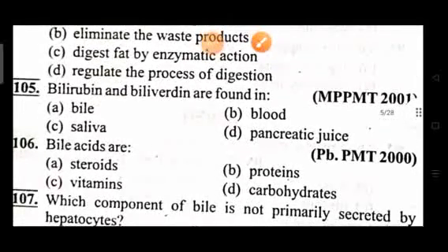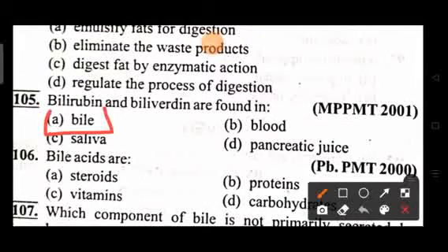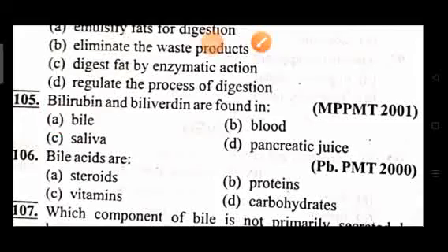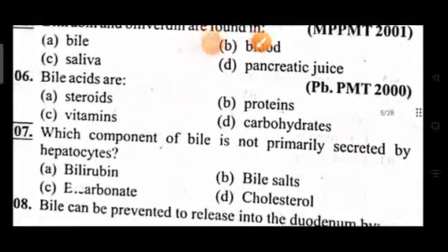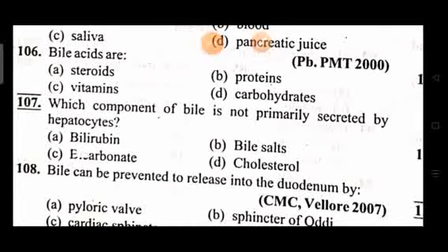Next, 105: bilirubin and biliverdin are found in bile, blood, saliva and pancreatic juice. Bilirubin and biliverdin are found in bile. Next, which component of bile is not primarily secreted by hepatocytes?